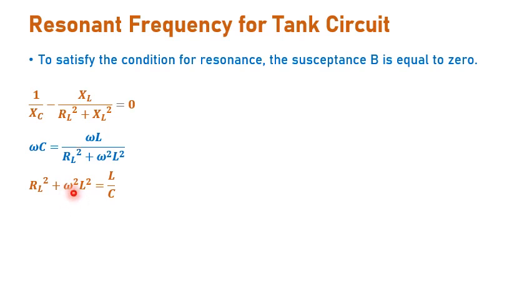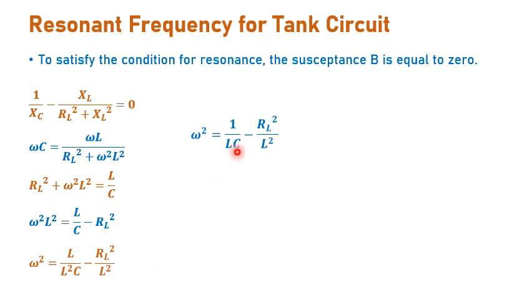So for finding omega, for the simplifications, take this RL square to the right hand side and bring this L square to the right hand side. So omega will be equal to root of this term.